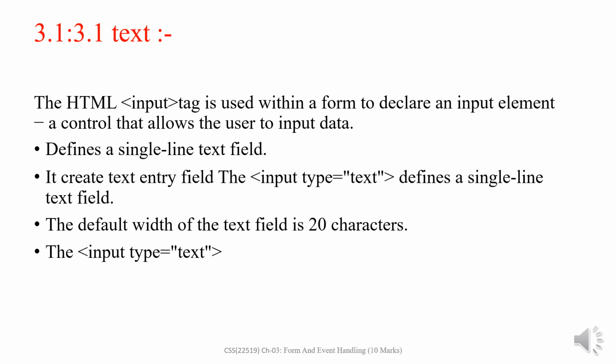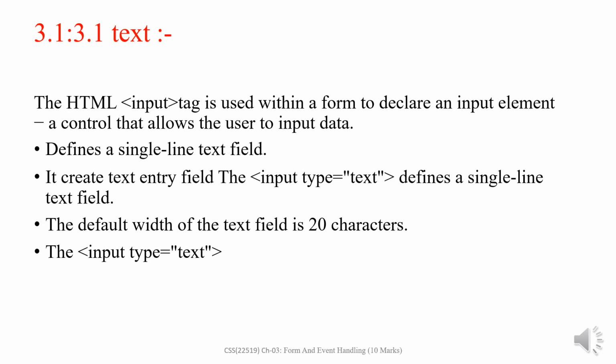So our first input tag type attribute is text. It is used within a form to declare an input element, a control that allows the user to input the data. It means it is used for entering the data through the user. Text defines a single line text field.